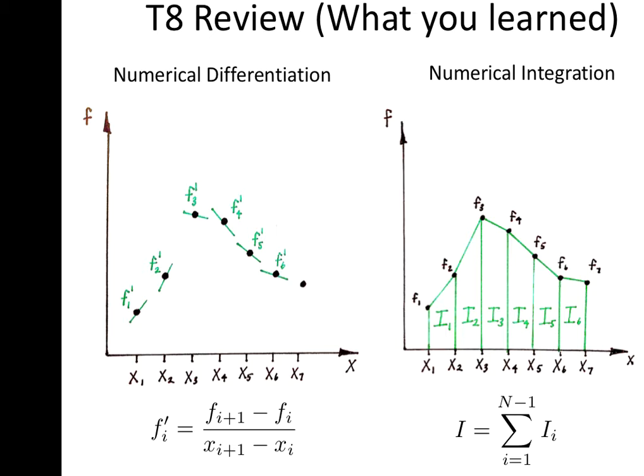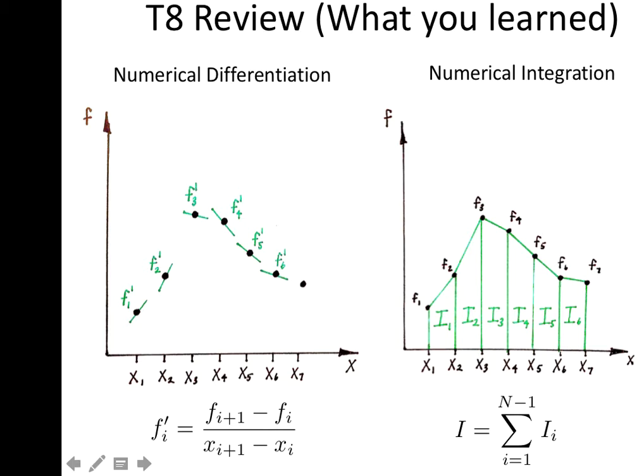Here I'm showing you the difference between both the differentiation and integration. That's numerical. So remember, if you have data, here I have 7 x points and their associated function value, which is plotted on the y-axis. A derivative, if you are going to use a forward difference formula that I have here, is going to be approximating the slope using the next point, or the point to the right, at every individual point.